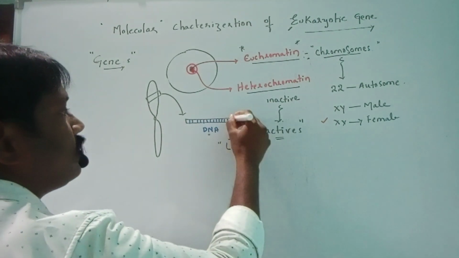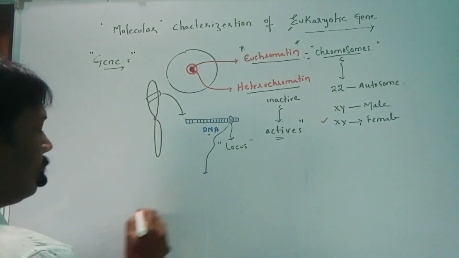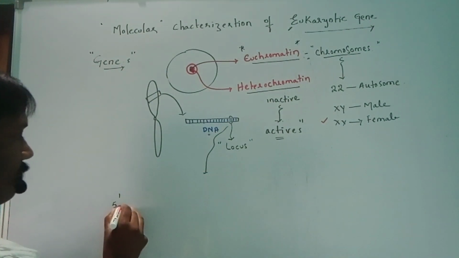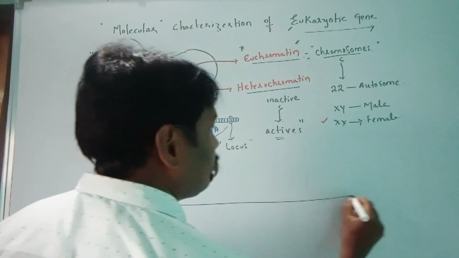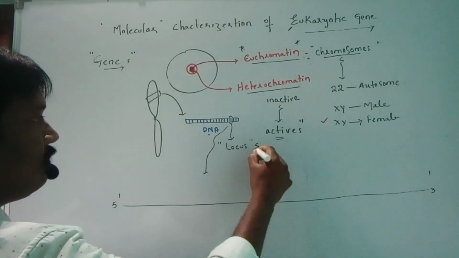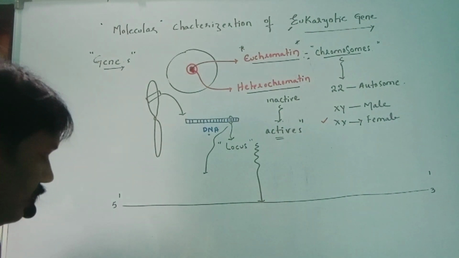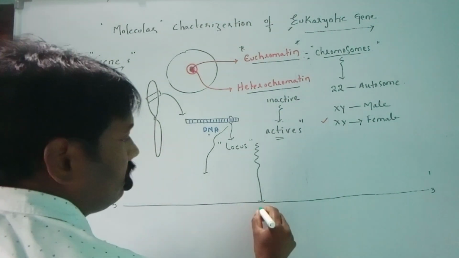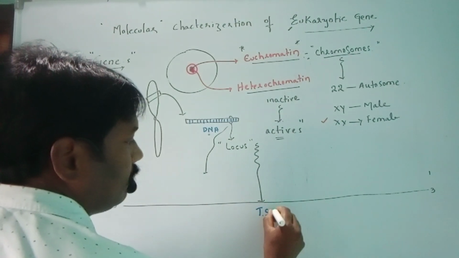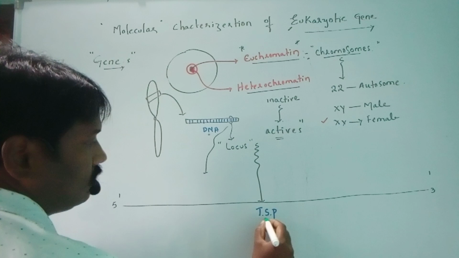Now, when you isolate one gene to explain, it has a 5' end and a 3' end. Centrally located is where the transcriptional start point begins. We call it the transcriptional start point zone.